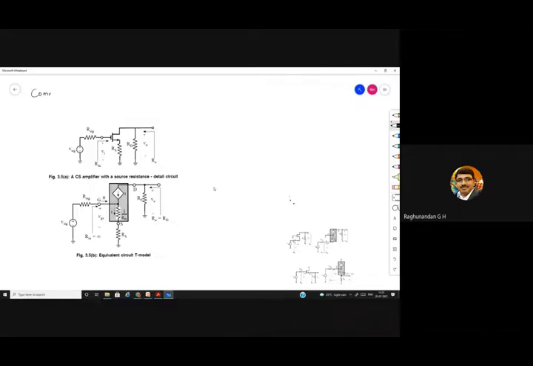Next is the common source amplifier with source resistance, that is with RS.